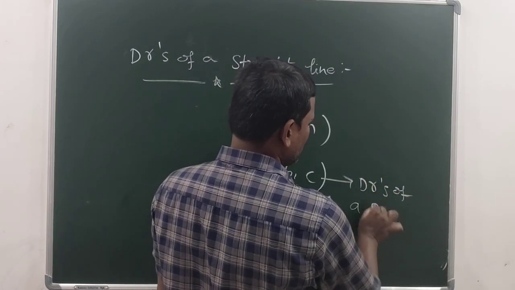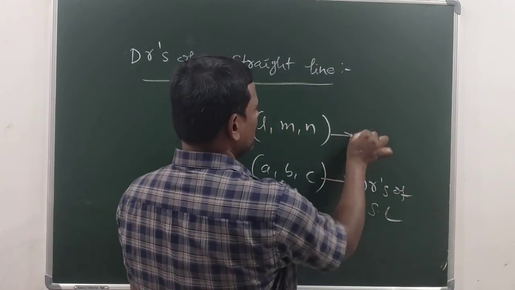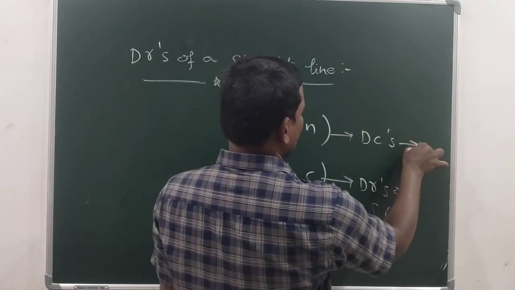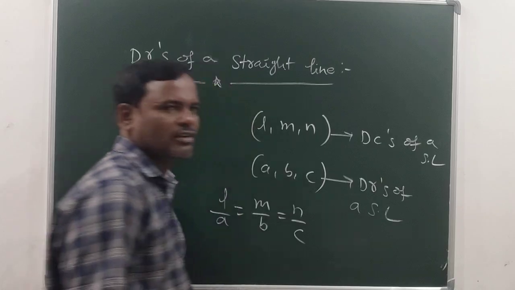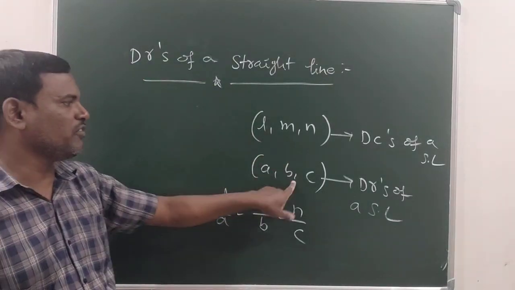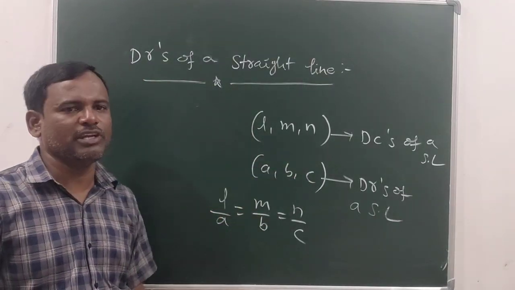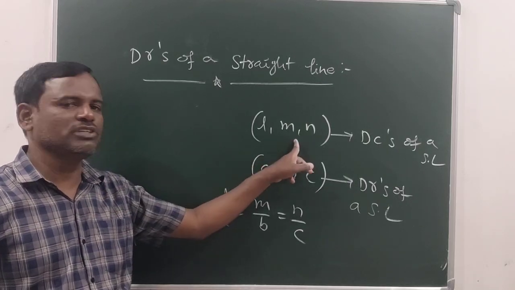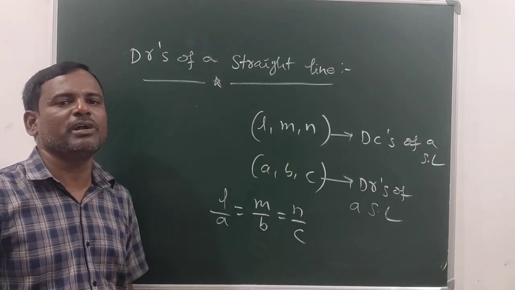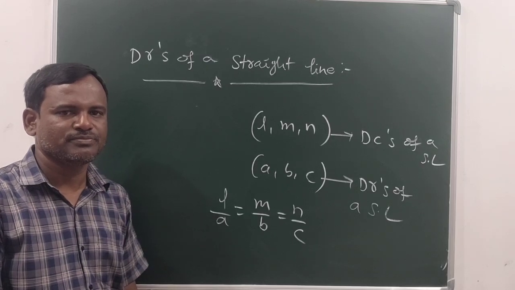So these are DCs of a straight line. If you take the ratio of corresponding coordinates, you get the same ratio. The proportionate values of direction cosines of a straight line are said to be direction ratios.